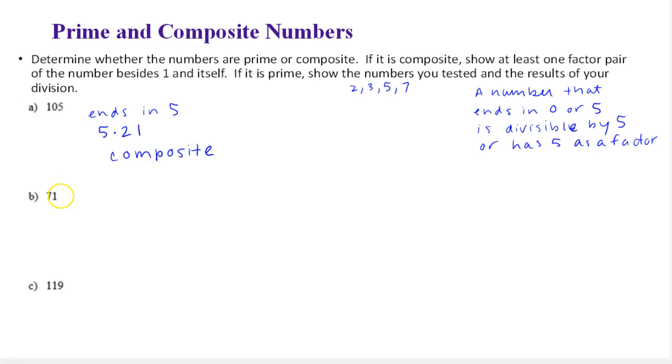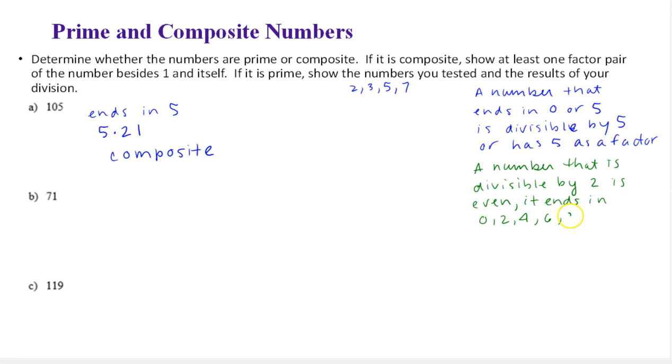Okay, now we have 71. Okay, well, here we had a test for 5. There's also a nice test for 2. A number that is divisible by 2 is even, which means it ends in 0, 2, 4, 6, or 8.